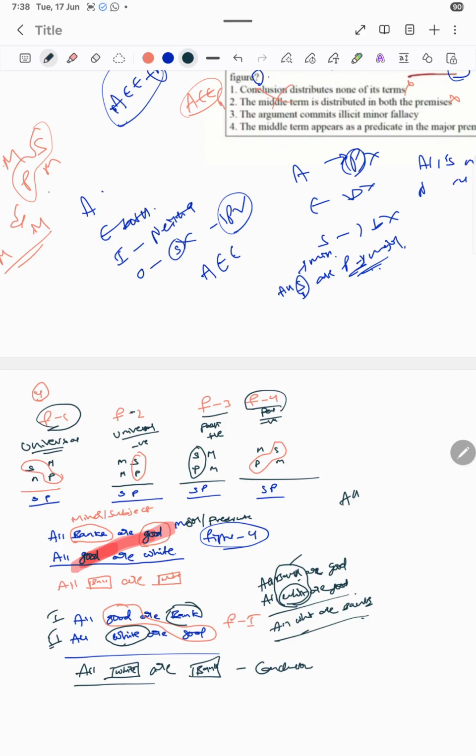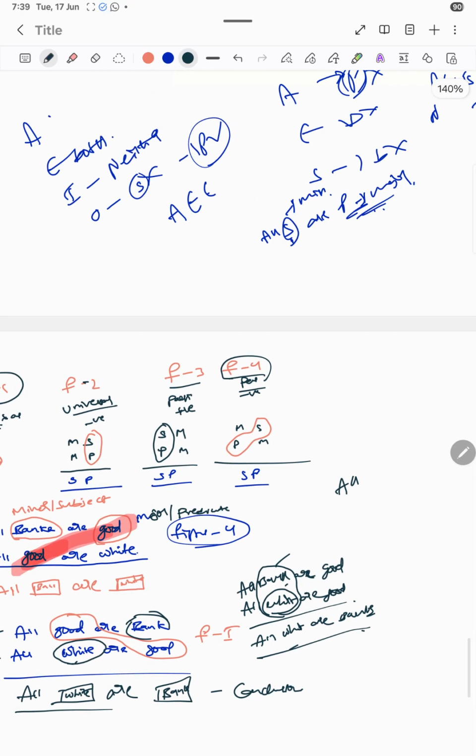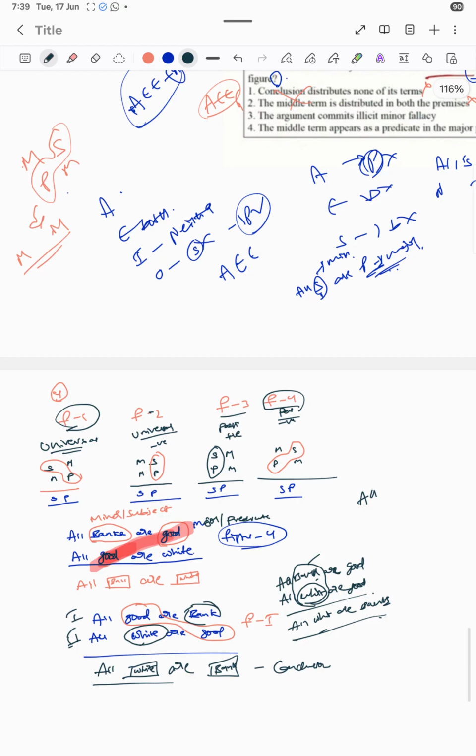I'm just taking that particular example, which may not be possible in figure 3, because as I already said, figure 3 is particular positive. So your conclusion will be a particular positive conclusion. That is the possible form of moods in figure 3, the particular positive moods, and here particular negative moods, and universal negative moods, and universal positive moods. These are the possible moods of figure 1, figure 2, figure 3, figure 4. Are you getting?